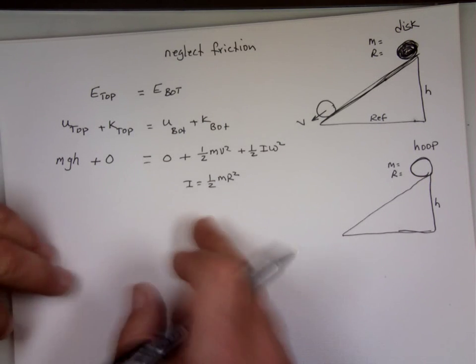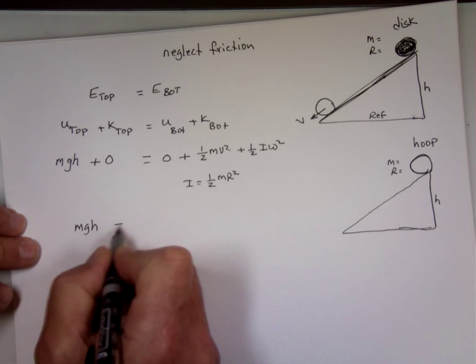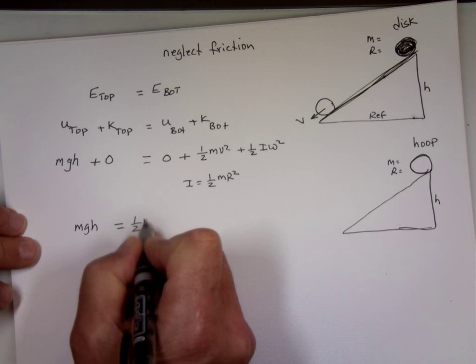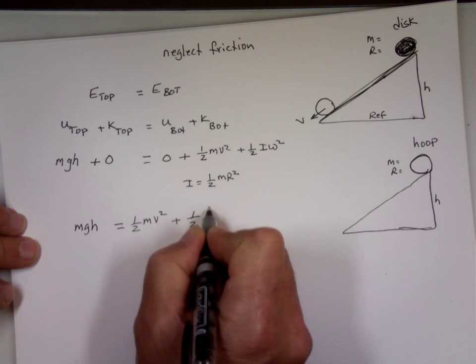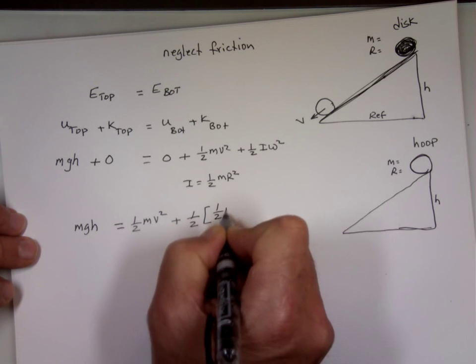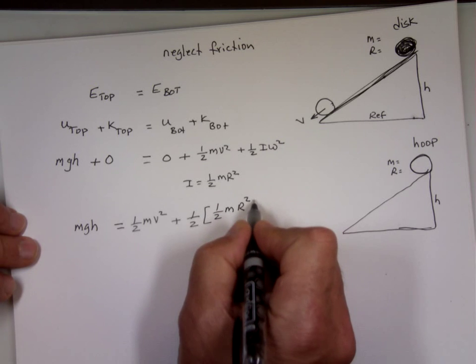So if you plug them in, you have mgh equals 1/2 mv squared plus 1/2, in place of the inertia, let's put 1/2 mr squared, times w squared.